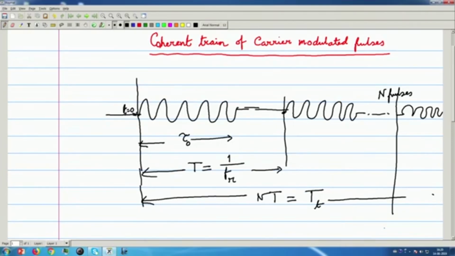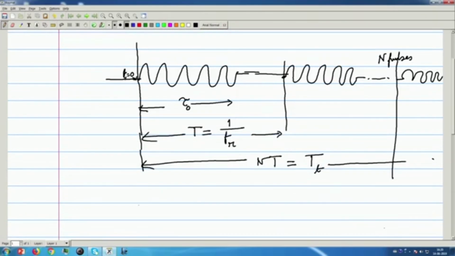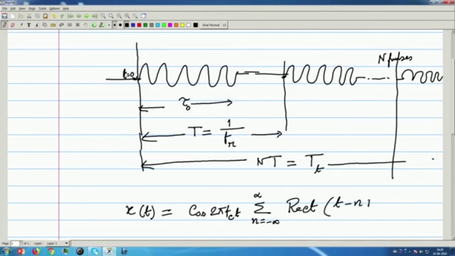Now, let us go to the expression. The transmitted pulse I can write as cos 2 pi f c t, times the sum over n from minus infinity to infinity of rect of (t minus n T) by tau naught.